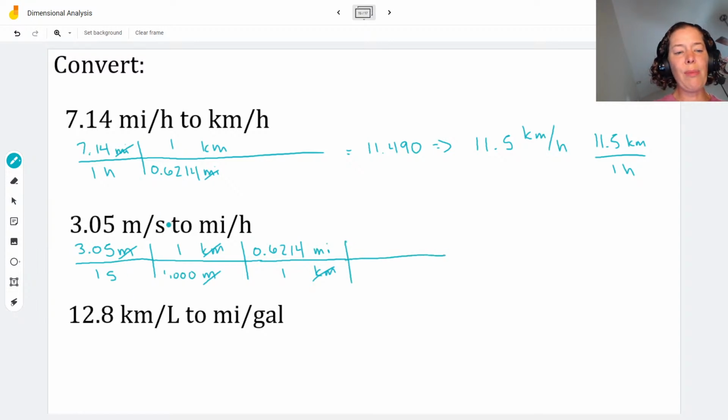So I need to convert my seconds to hours. Now, again, this is just a 1-step conversion, which is nice. So there are 3,600 seconds in 1 hour. Now, if you didn't know this off the top of your head, you could always convert seconds to minutes and then minutes to hours. So again, this is why if you're working these problems together, the person next to you might take a slightly different route.